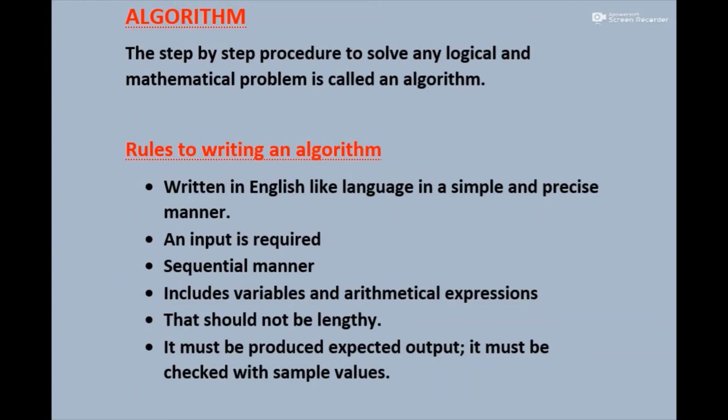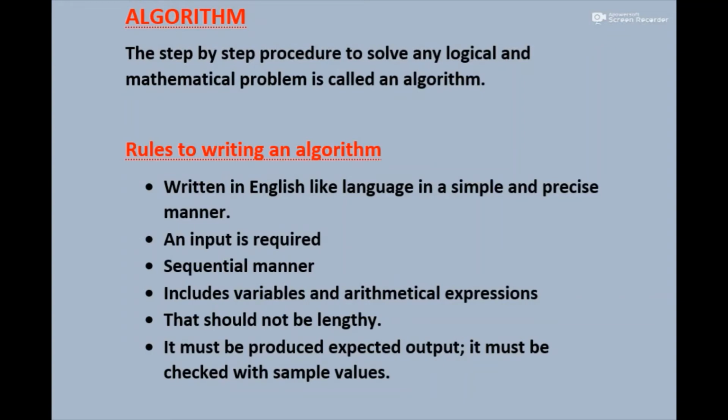Always there will be inputs whenever we write any algorithm. Next rule is each step should be written in a sequential manner, so the sequence of steps should be present in the algorithm.